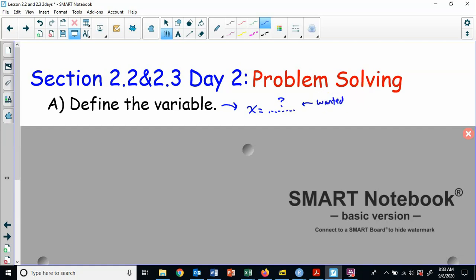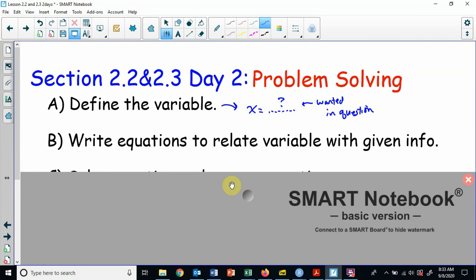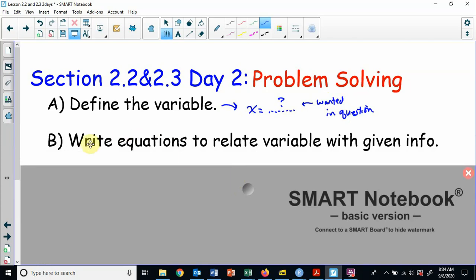So if you can read the whole thing, then read the question part, what's wanted in the question, you could figure out what the variable should be. We like to define the variable because that's what we're going to use for the next step, when we need to write the equations. You're not going to be given equations this time, you're going to need to write some.